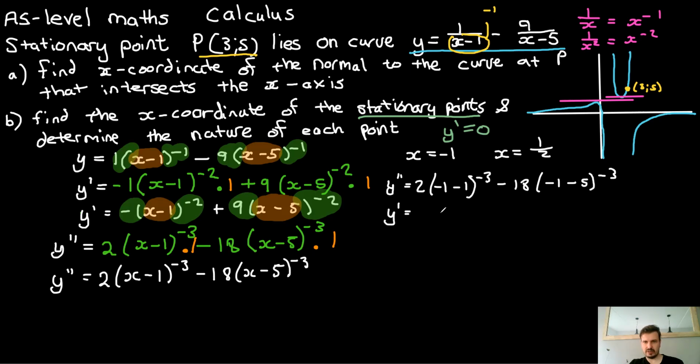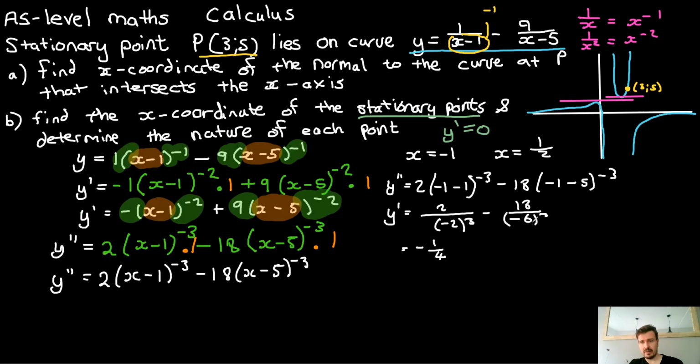Okay, so I'm going to just do this in my head quickly. So we'll have 2 over -2 cubed minus 18 over -6 cubed. This first bit here will be 2 over -8, so it'll end up being -1/4.